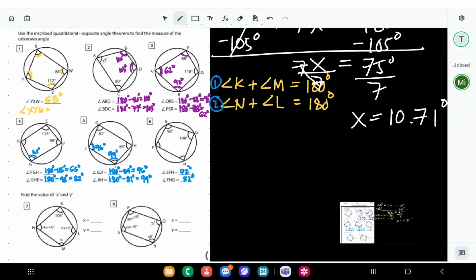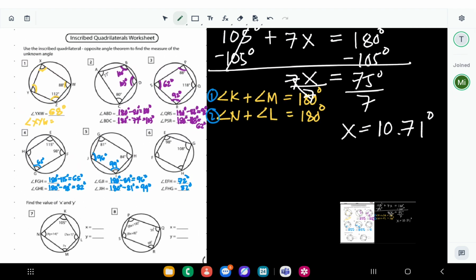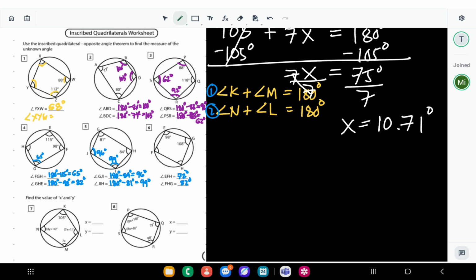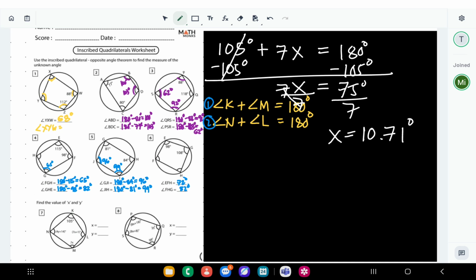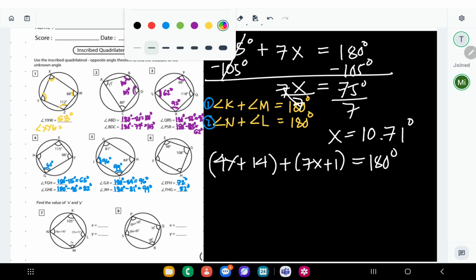Okay, then we work on the second equation, which is angle N plus angle L. What is angle N? Okay, 4y plus 14 plus angle L, which is 7x plus 1, equals 180 degrees. Because they are opposite angles, they add up to 180 degrees. Now we can group like terms.